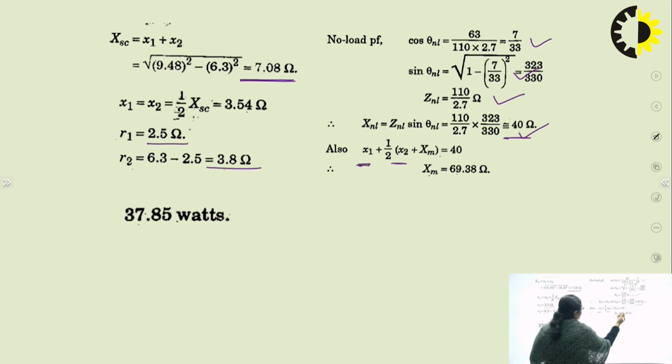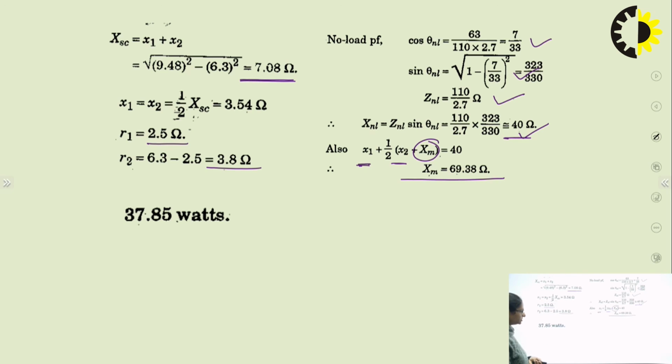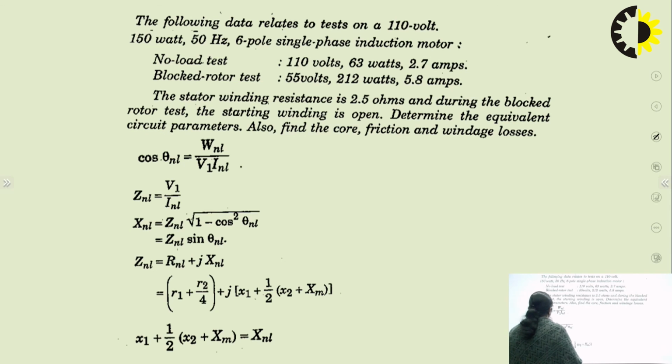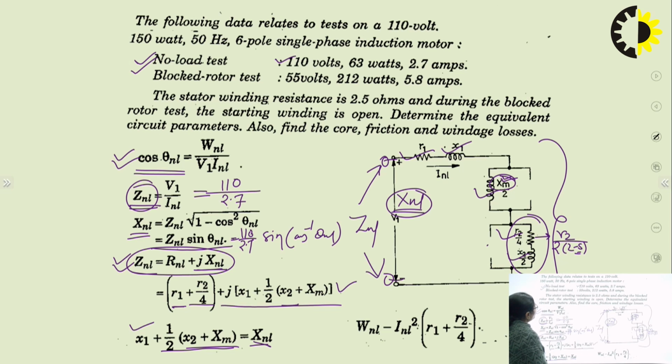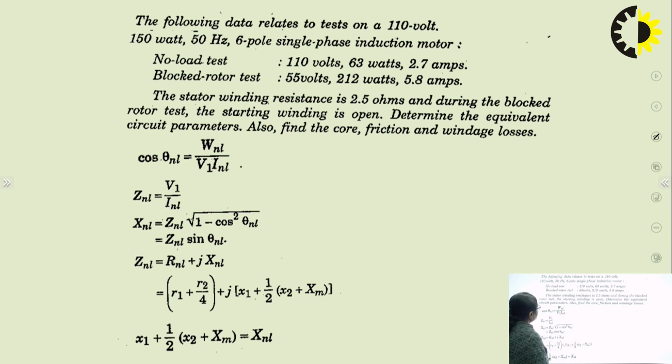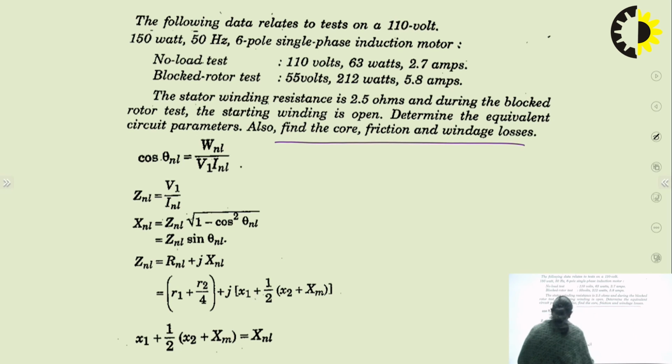X1 and X2 are known to me. The only unknown here is Xm. So, Xm is calculated and it comes out to be 69.38 ohms, right? So, we have got the last parameter Xm as 69.38 ohm.